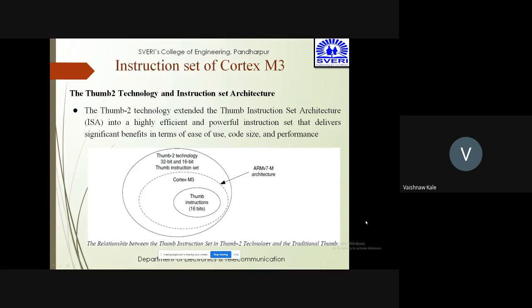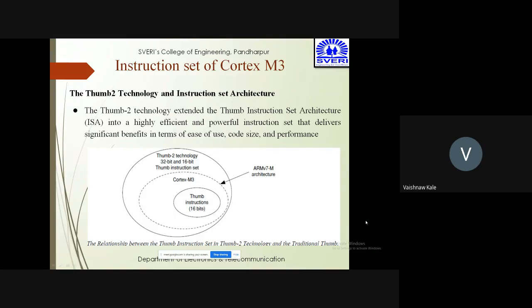So Thumb-2 technology extends the Thumb instruction set architecture (ISA) into a highly efficient and powerful instruction set that delivers significant benefits in terms of ease of use, code size, and performance. This figure shows the relationship between the Thumb instruction set in Thumb-2 technology and the traditional Thumb.